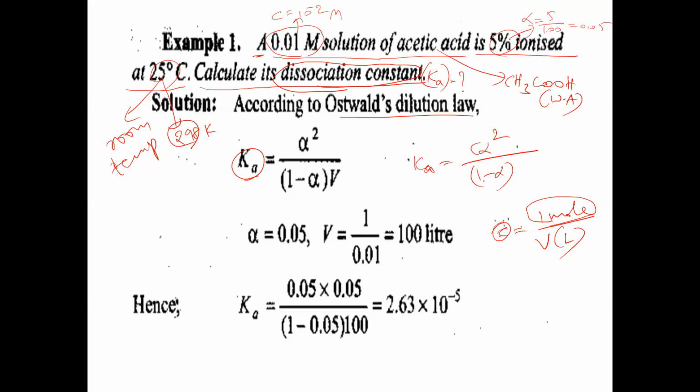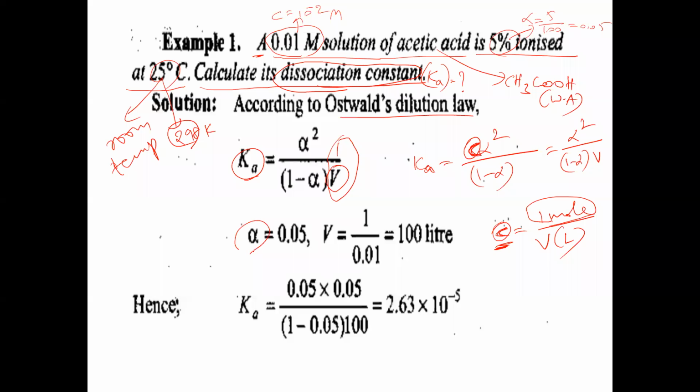So in place of C we can write 1 by V. Then Ka is alpha square by (1 minus alpha) into V.